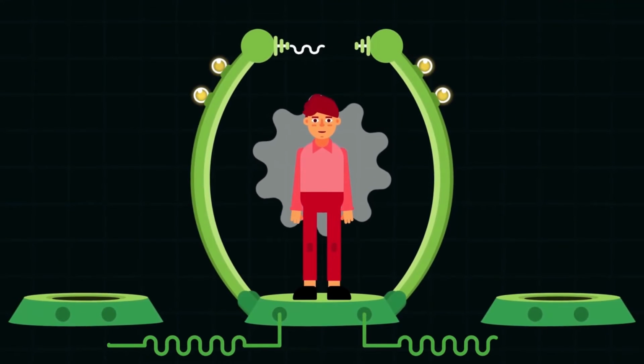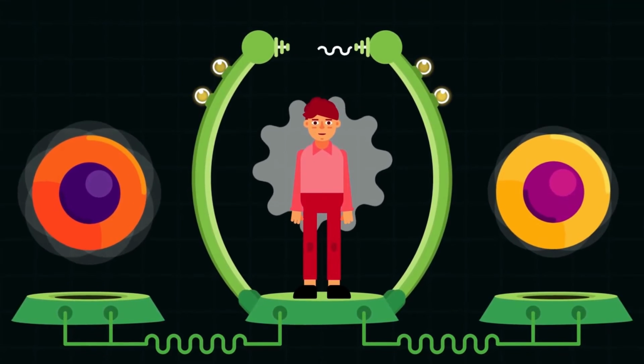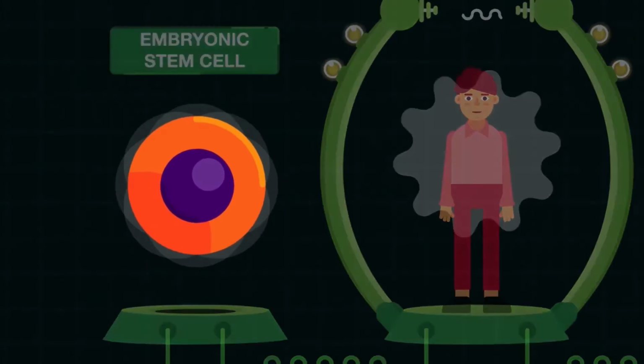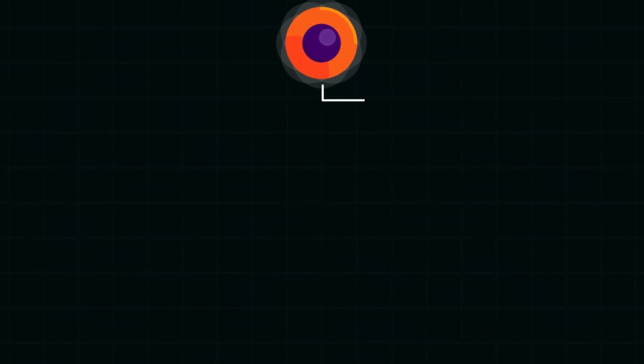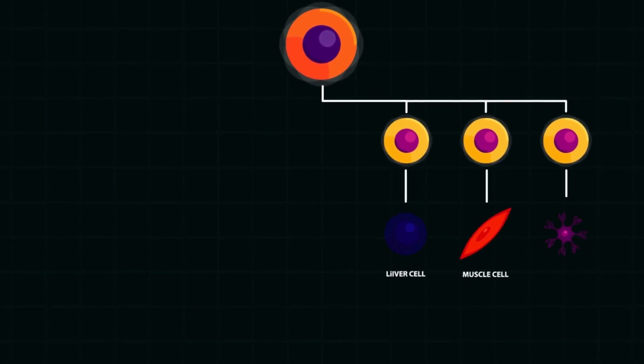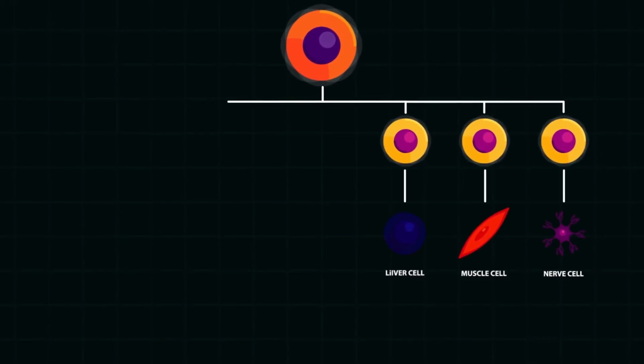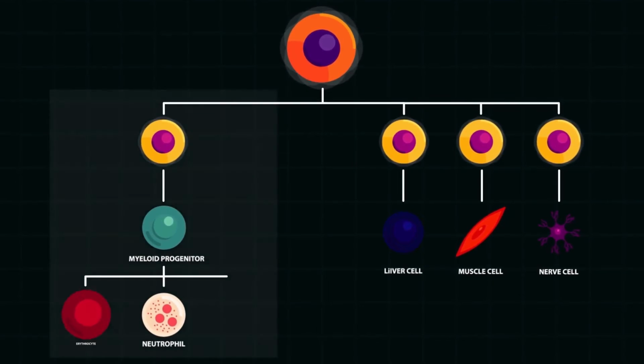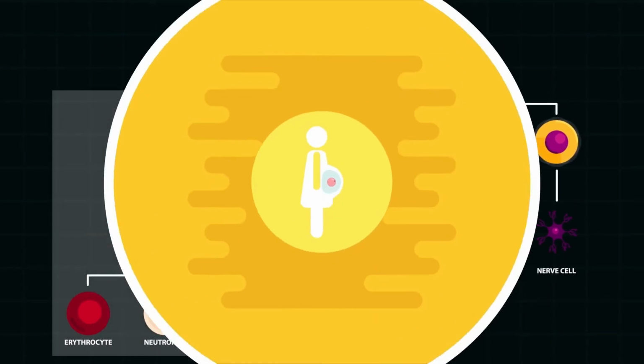Until now, two kinds of stem cells of human sources have been known: embryonic stem cells and adult stem cells. Embryonic stem cells have the ability to differentiate into any necessary type of body cells, while adult stem cells have limited differentiation, specific only to their tissue origin.